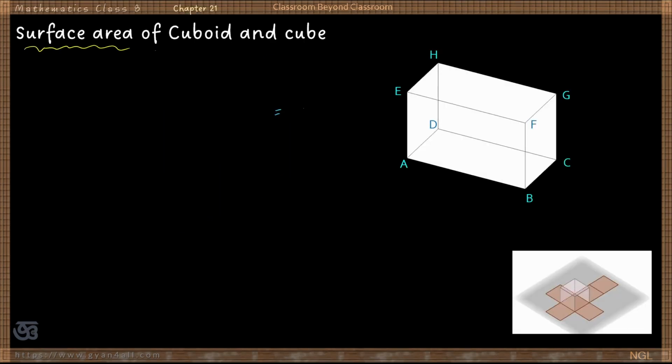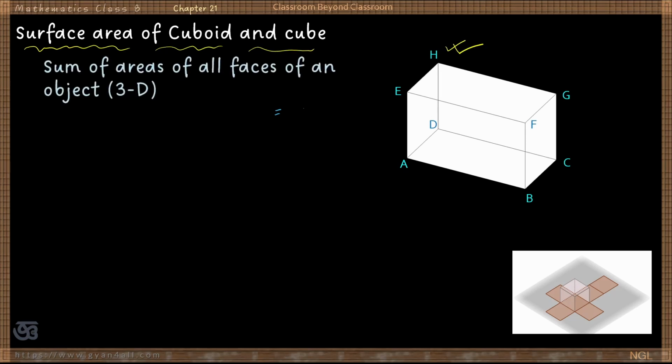Surface area of a cuboid and cube. This is a cuboid, and so what is surface area? Surface area is the sum of areas of all the faces of a 3D object. Here in this cuboid, there are 6 faces, and opposite faces are equal, and their dimensions are length AB, breadth BC, and height AE.